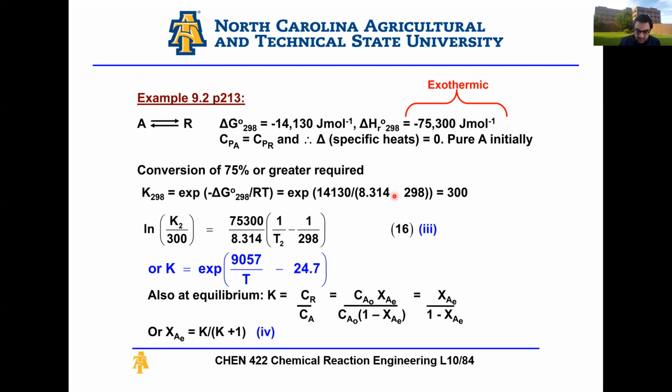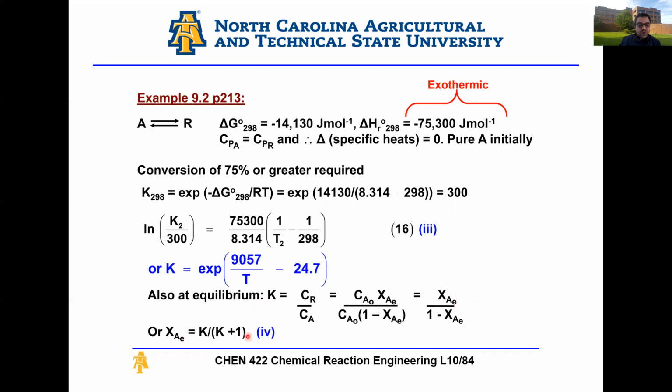And this idea again is very important, where first of all I use my equation where delta G is minus RT ln K, which is the easiest way to remember it, or K is equal to exponential of minus delta G over RT. You get your thermodynamic equilibrium constant at a reference value, and then you can get it as a function of temperature. You can also translate it into conversion.